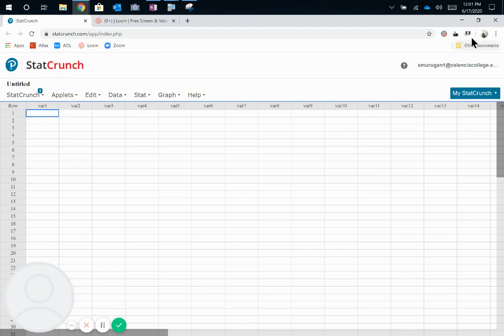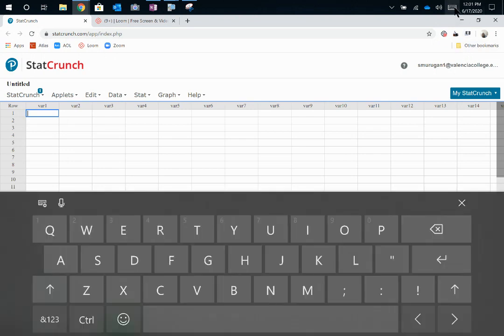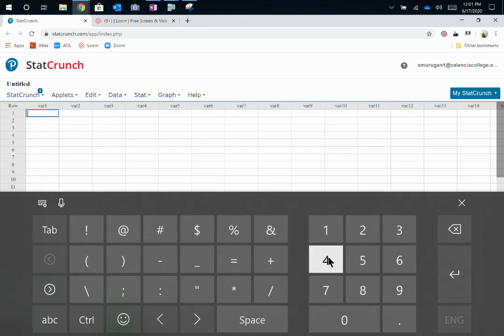Need my keyboard. I've got 9.2, 9.5, 9.2, and 9.3.